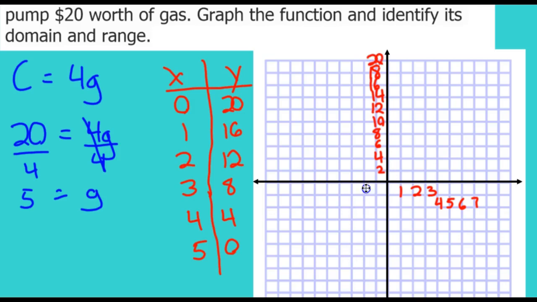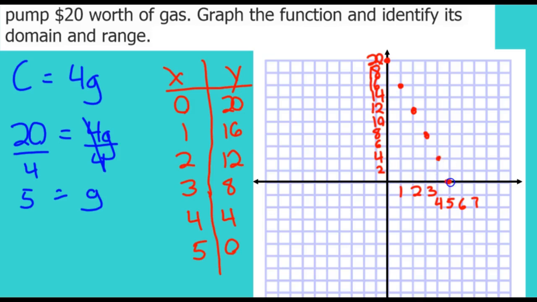So at 0 gallons of gas, I still have $20. At 1 gallon of gas, I have $16. 2 gallons, I have $12. 3 gallons, I have $8. 4 gallons, I have $4.